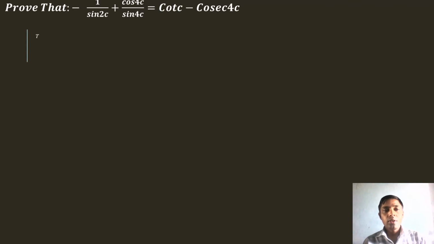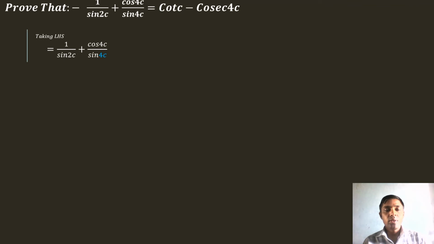So we are moving through LHS, as we have 1 by sin 2c plus cos 4c upon sin 4c. Here we have not got terms in the form of 1 plus or 1 minus, but we can see where we can apply the formula, or take common. So like this we have to think first.